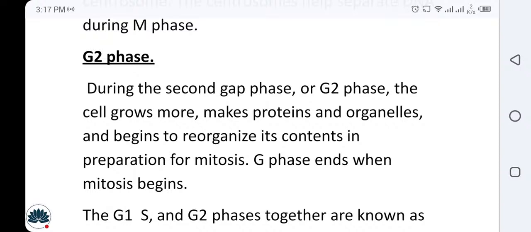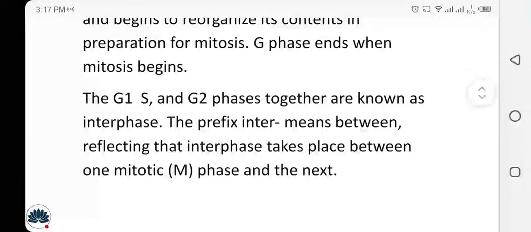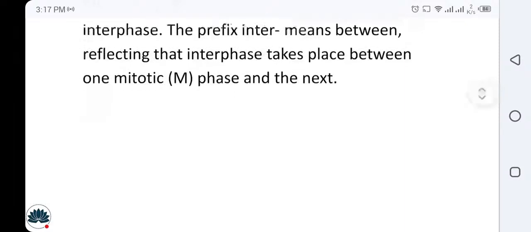So all this is about the growth, then the replication of DNA, and then G2 phase where they also have to make the proteins and organelles. All right. The G1, S and G2 phases together are known as interphase. The prefix inter means between, reflecting that interphase takes place between one mitotic or M phase and the next.